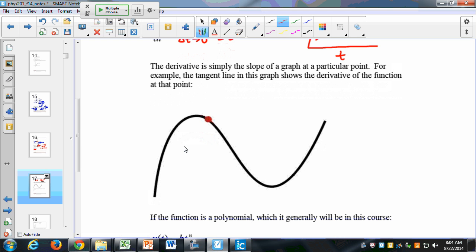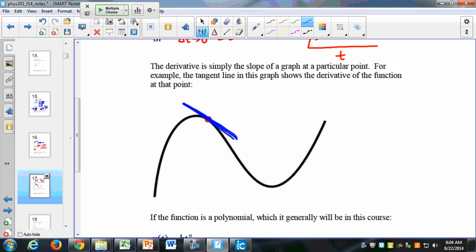So for example, on a nonlinear graph like this, if we wanted to draw the slope of this graph at a particular point, we would draw the tangent line. And I always like to think of a tangent line as being balanced, like a seesaw, balanced at a particular point. There is a mathematical definition. I don't know exactly what it is. It's something about the distance from the line on each side as it goes away from the point being equal.